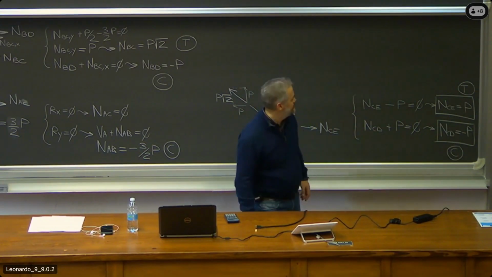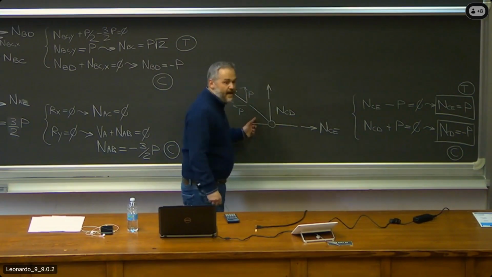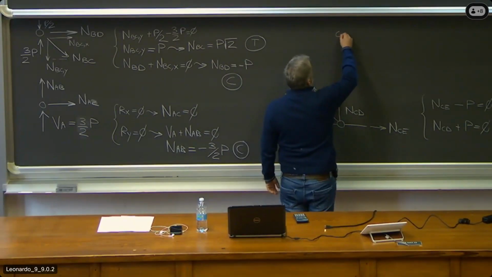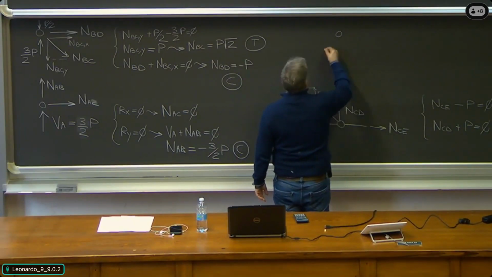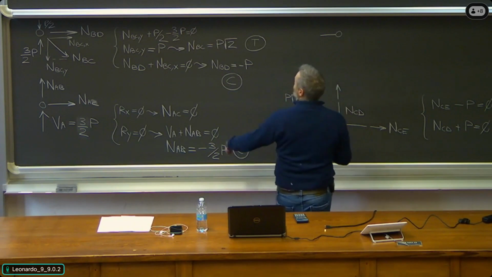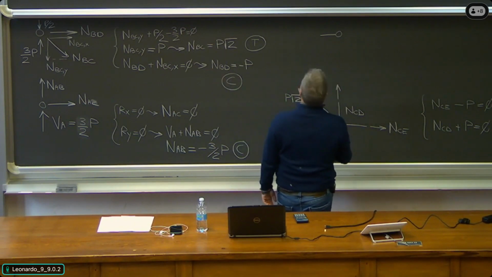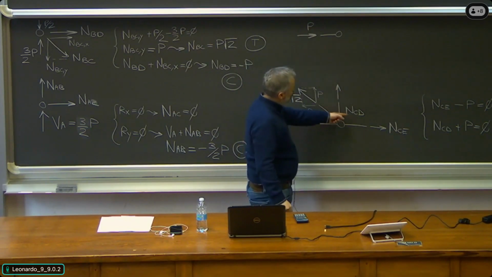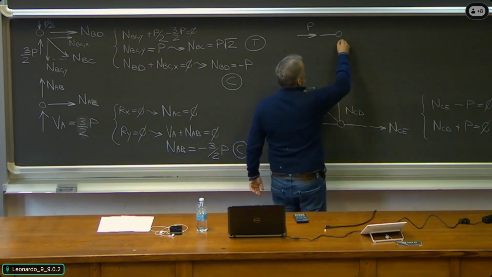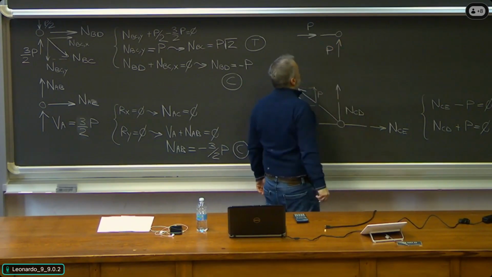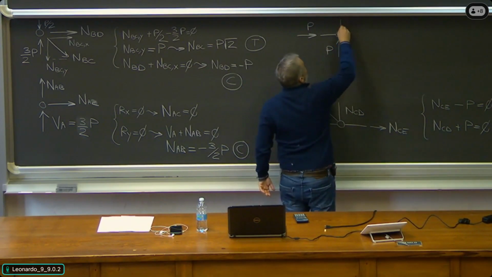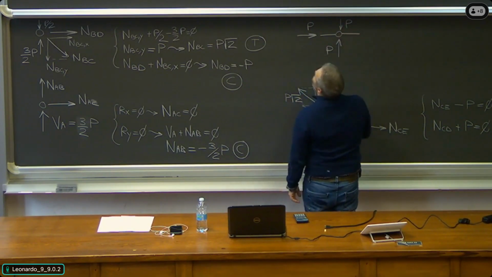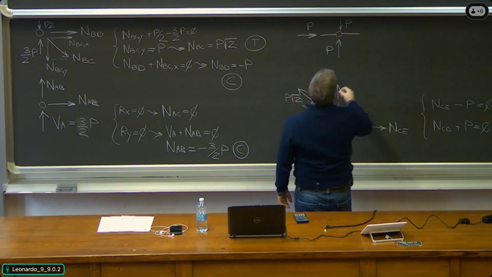Now we can move to node D, which is on top. What do we have at node D? We have a compression force coming from BD, whose value is P. We have a compression force coming from NCD, which is P. We have a load applied on top, which is P. We have a horizontal member, which is called NDF.